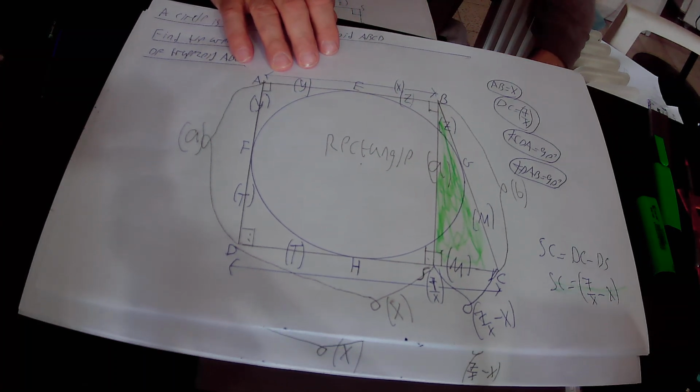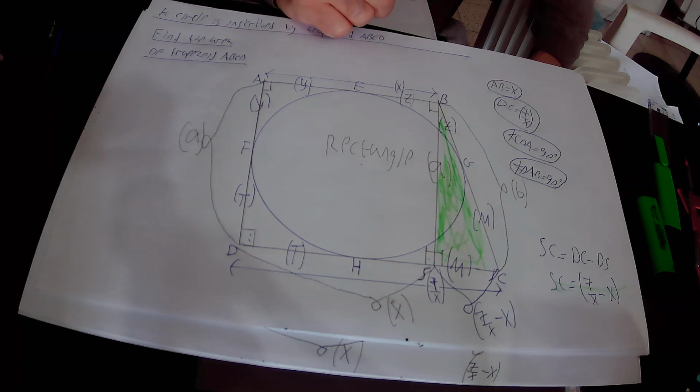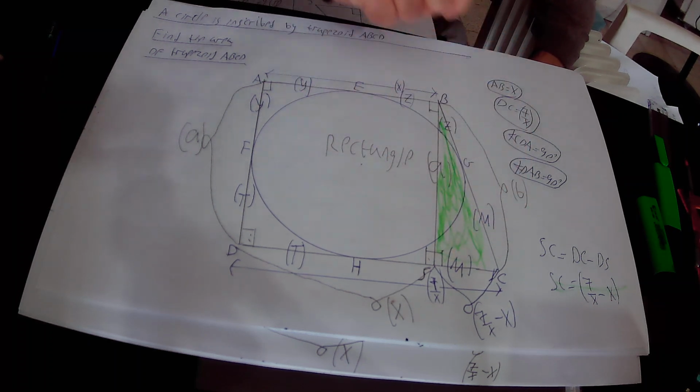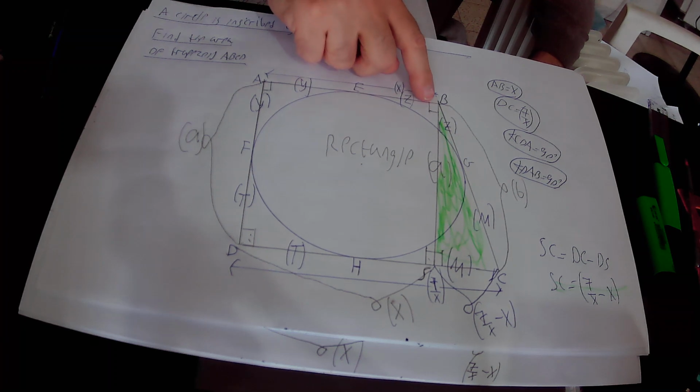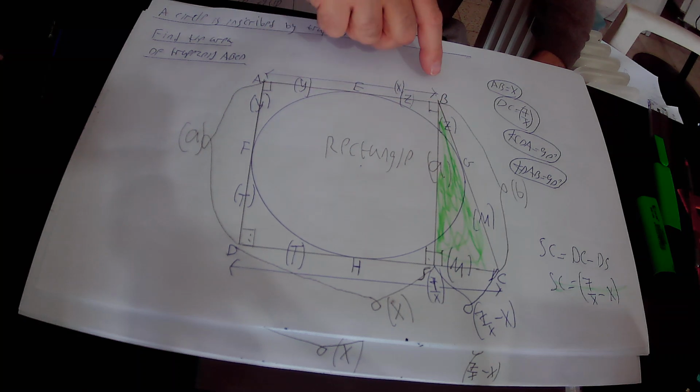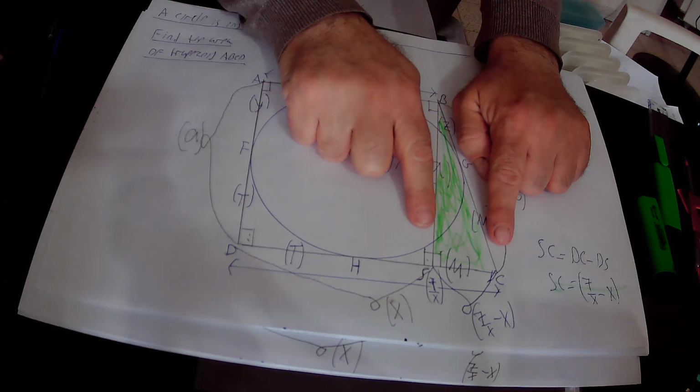By doing this construction, we created the right green triangle, triangle BSC. We have already found out that side BS of the green triangle equals A, and the hypotenuse BC equals B. So what is the length of this side SC?